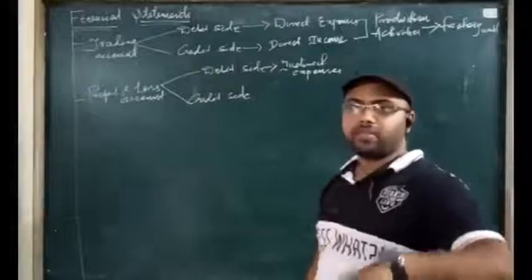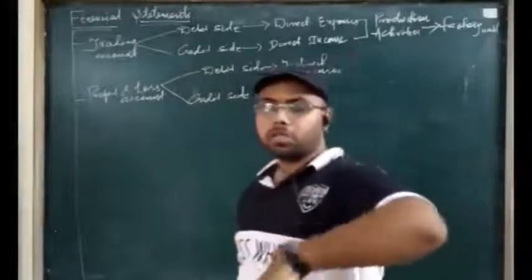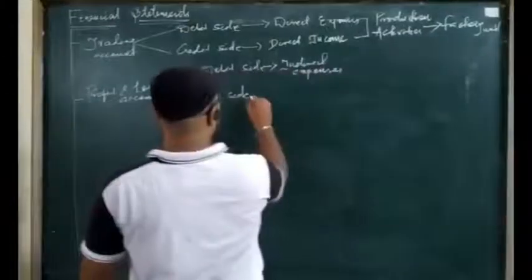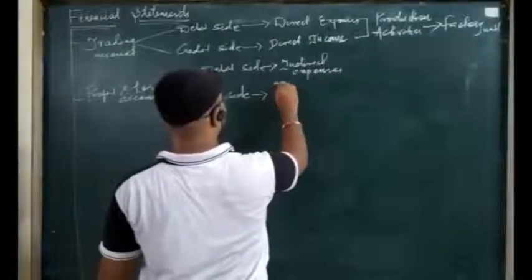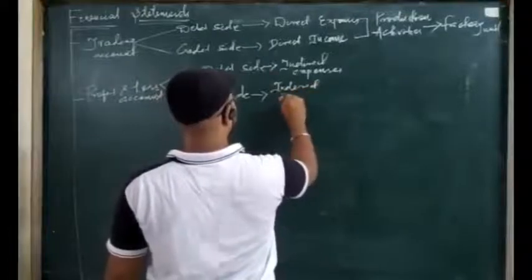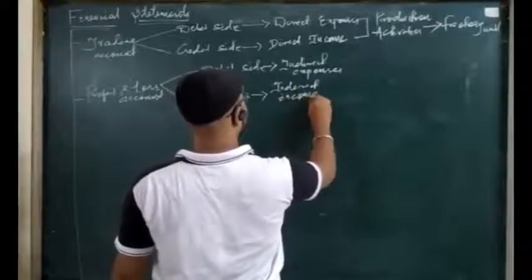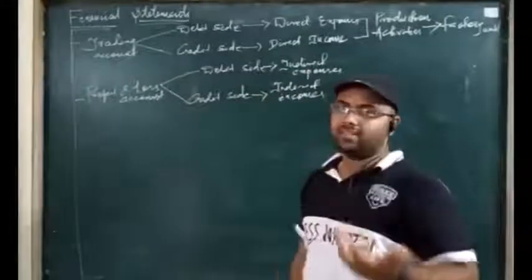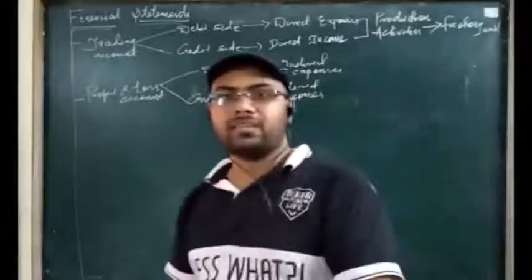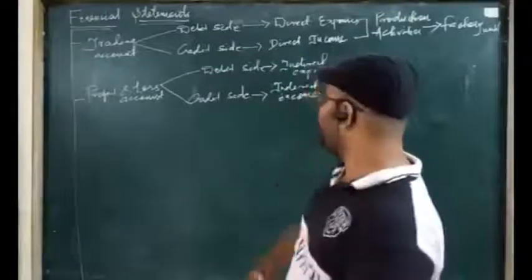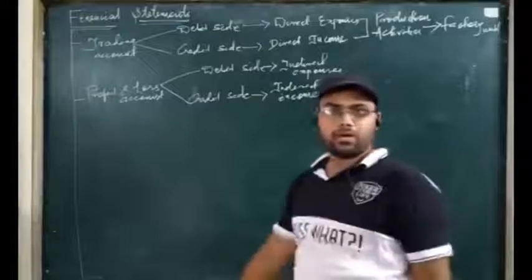In a general way, expenses that are not made for production, or that are not direct expenses, are called indirect expenses. In the credit side, you write indirect income. It is very easy to identify indirect income because there is only one direct income in your business organization, that is sales. Other than sales, whatever receipts or short-term income are made are called indirect income, so they go directly to the credit side of the profit and loss account.